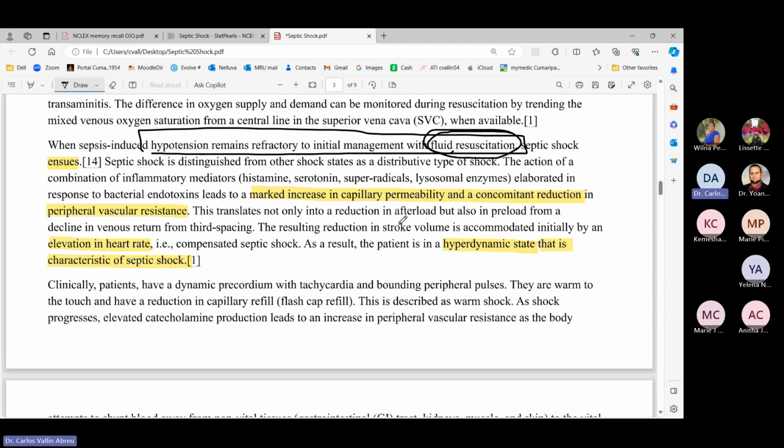So this client that is having infection, systemic inflammatory response syndrome, and hypotension, and of course elevation of the BUN and the creatinine as a manifestation of pre-renal, before the kidneys have renal damage. The most important is the administration of fluid. So this is the first step in the management of systemic inflammatory response syndrome, sepsis, and septic shock.